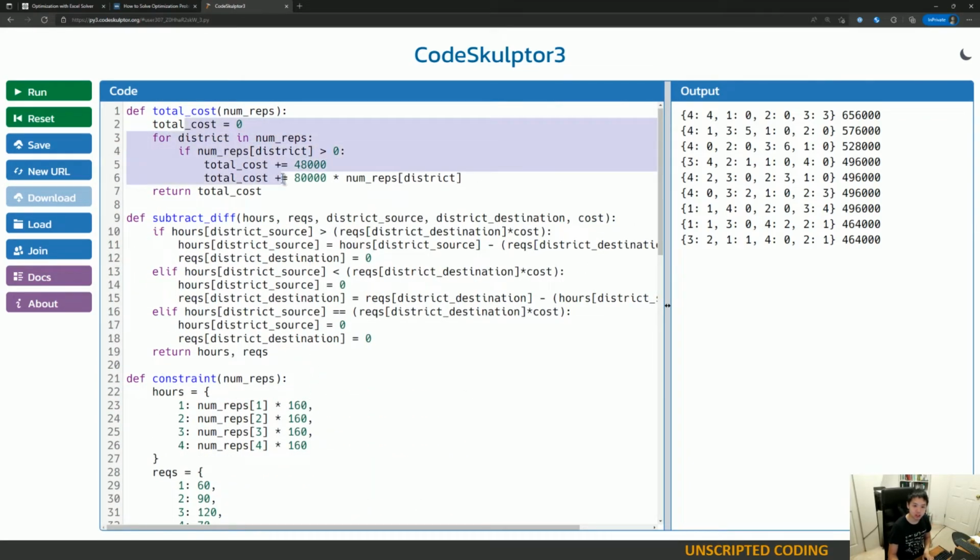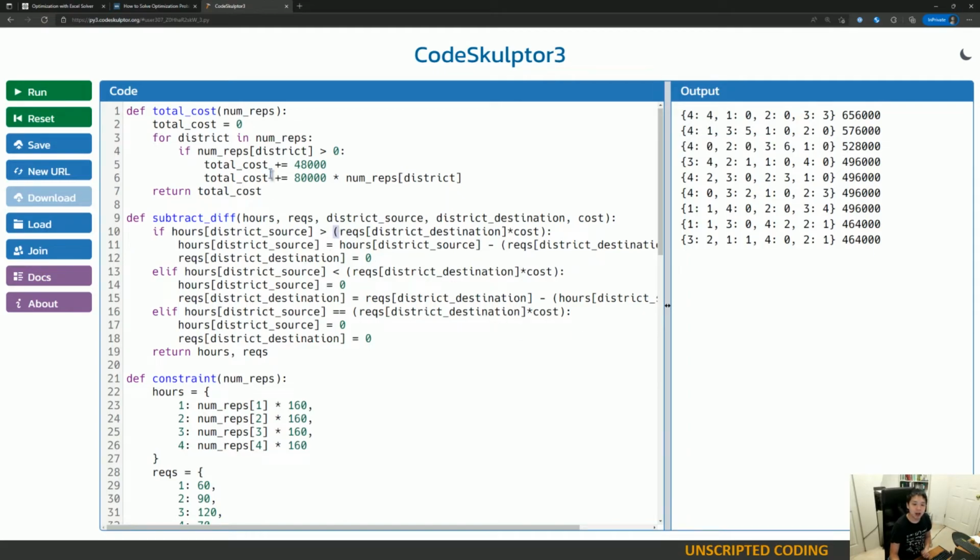And I pass it to two different functions here. First is total cost. This one is very easy. For each district, I'm going to go 48,000 if there's one or more individuals, and add 80,000 times the number of representatives. So I spit out what the total cost is given a structure, say, like this one.